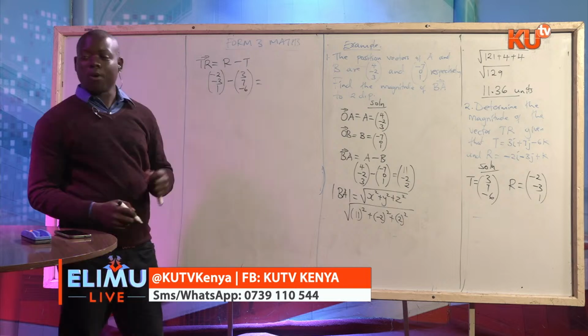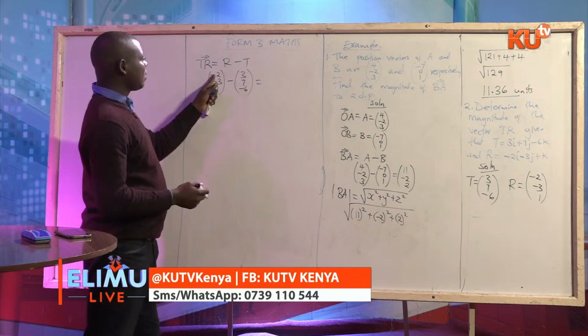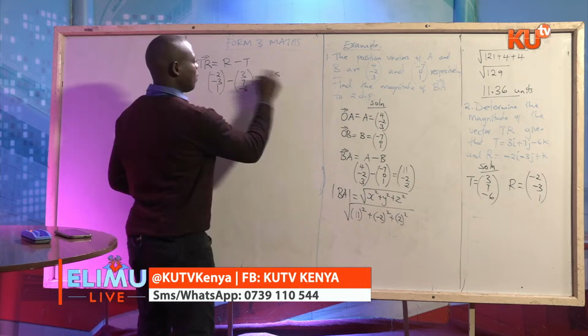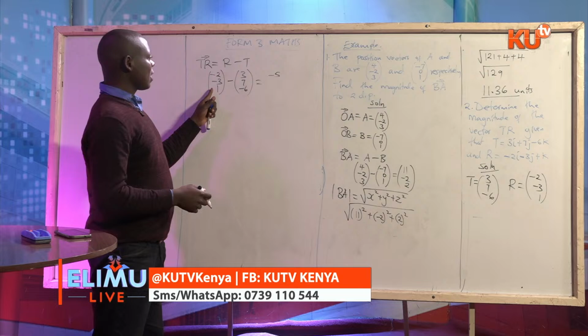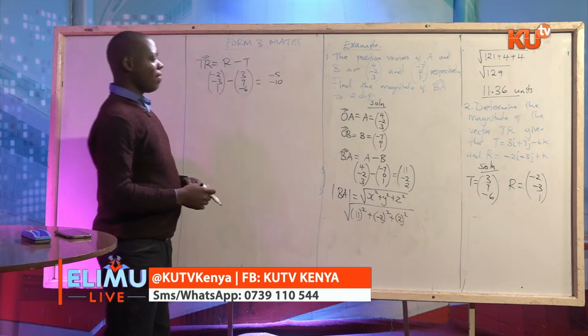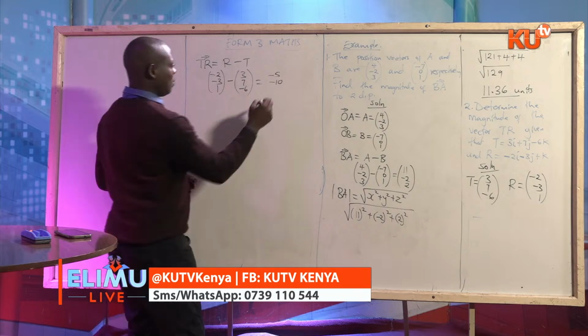Now, what do we work out together? Negative 2 minus 3, negative 5. Next, negative 3 minus 7, negative 10. What about 1 minus 6? Good, that will be negative 5, negative 10, 7.